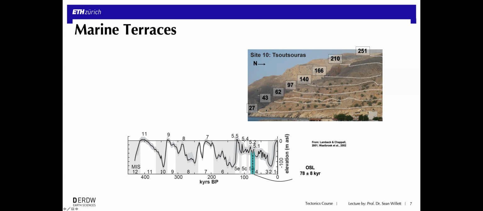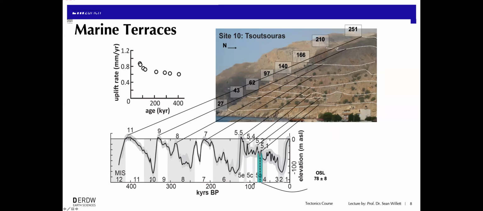And of course, like all of geology, we're really dependent on being able to absolute and relative date any of these sorts of features. If we can do that, then we can, and this is an example where there's a single age. This is an OSL, an optically stimulated luminescence age on gravels within that terrace.